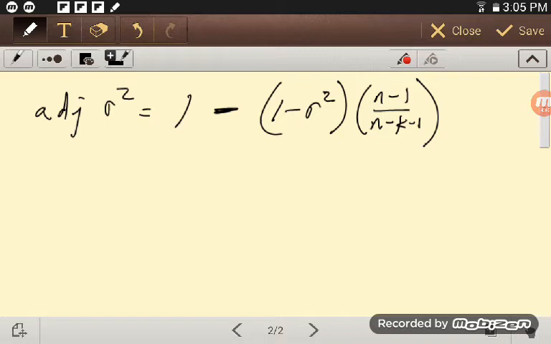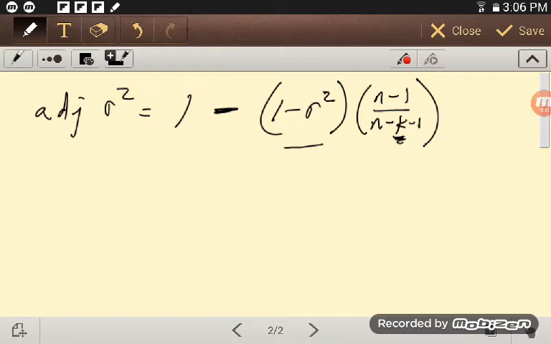So a couple of 1 minuses: 1 minus, and then in parentheses 1 minus the R squared times our fudge factor for number of columns used, and then subtract that from 1, and we get our adjusted R-squared.